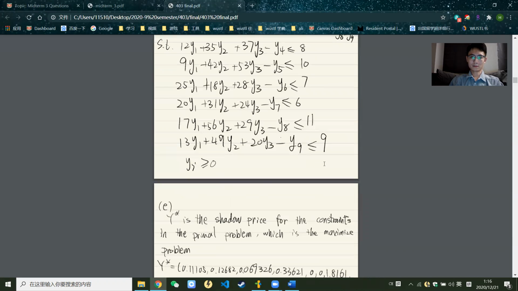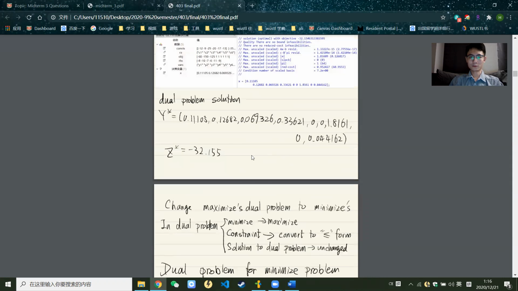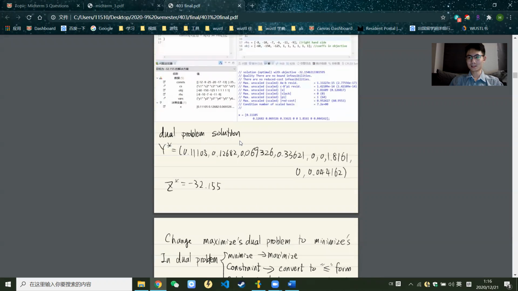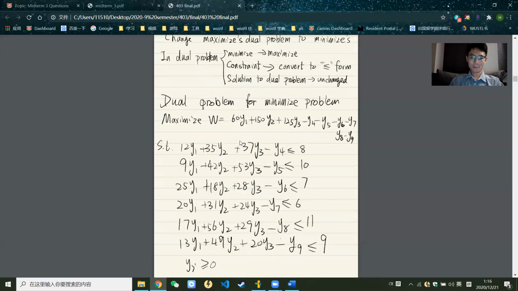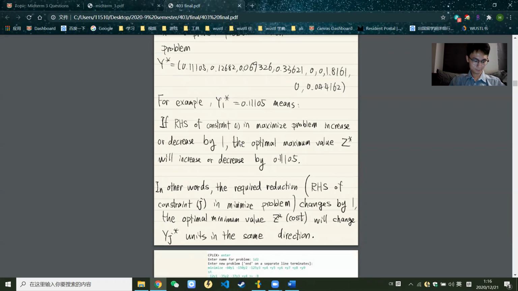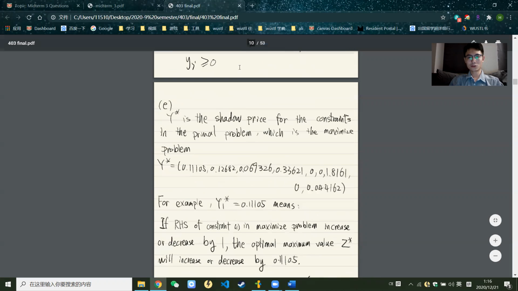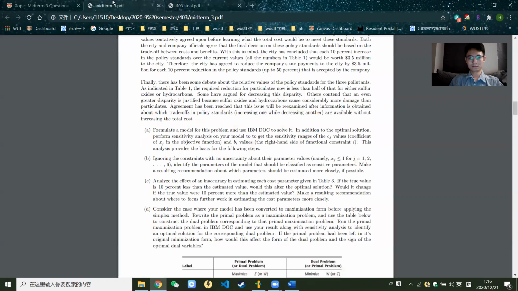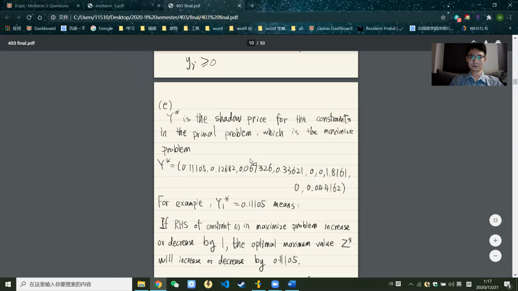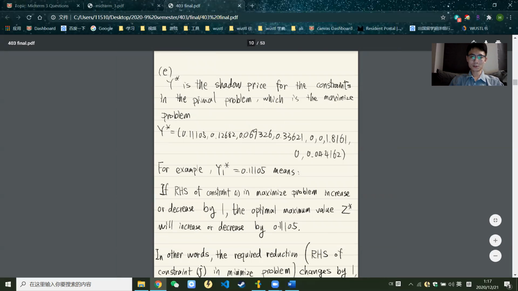But the objective value will be the negative one from this dual problem, because one is maximize and the other one is minimize. So in problem E, we would like to see how any unit change in the constraints, meaning these 3 constraints' right-hand side, will influence the objective function.